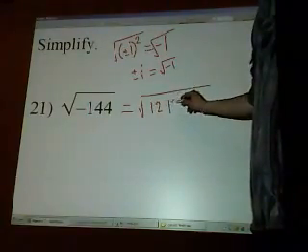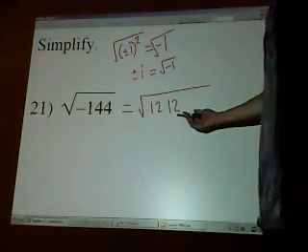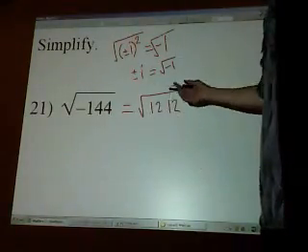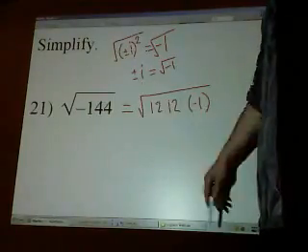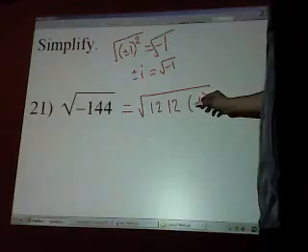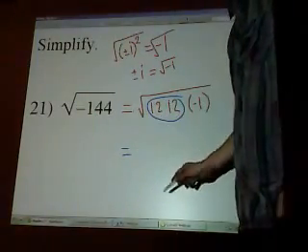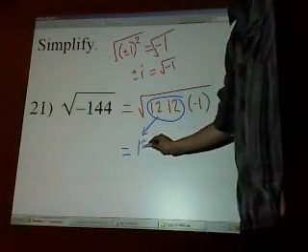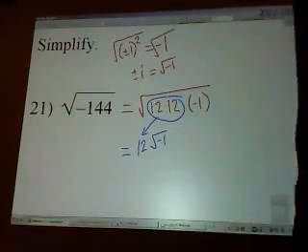We factor it the way we usually do: 12 times 12, a number that repeats, times negative 1, because it must have been negative 1 to make a negative 144. Anytime two of the same thing appear underneath the square root, you take out one of them. So this equals 12 times the square root of negative 1.